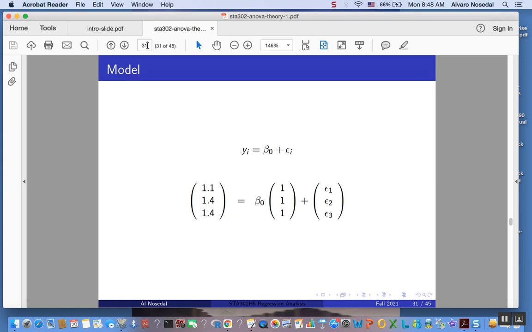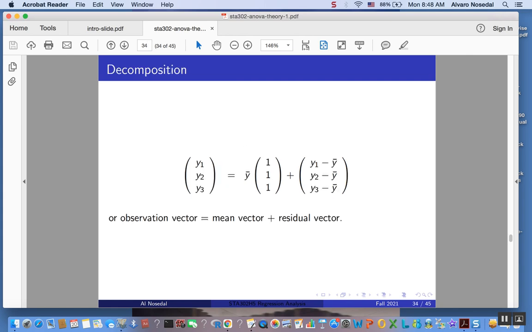That could be kind of a homework problem. So again, using least squares and what you know, you could easily show that the least squares estimator of beta 0 in this case would be y bar.